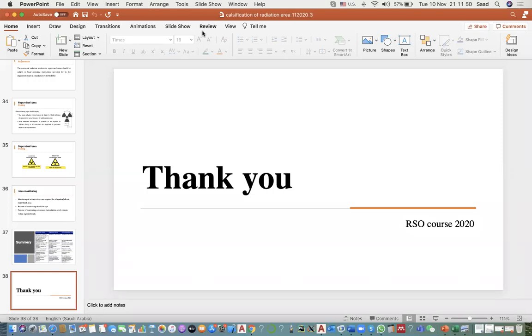Yes, we can consider only the HP 10 reading. The more important one is the whole body. We have to mention two readings, shallow dose and whole body, but we care about the deep dose, or whole body, HP 10. When we calculate the total dose for the year, we calculate only HP 10. Yes, that's right. Thank you.